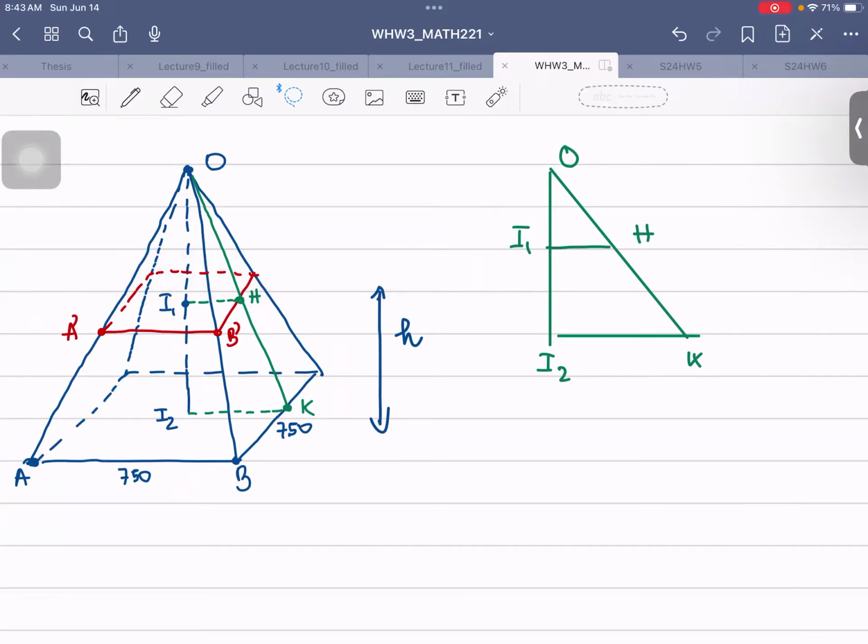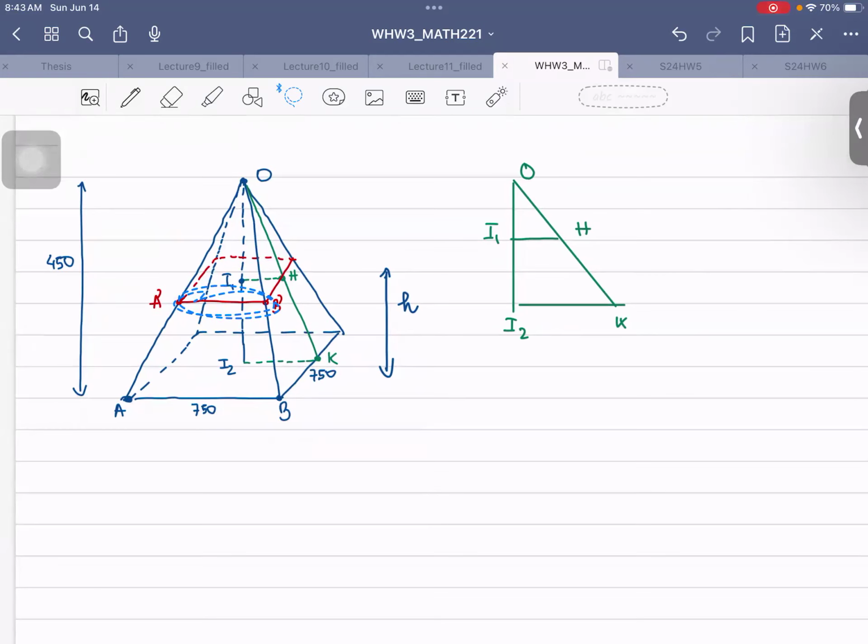I2 is the center of the base. We know that OI2 is 450. OI2 is 450. So this one is 450.